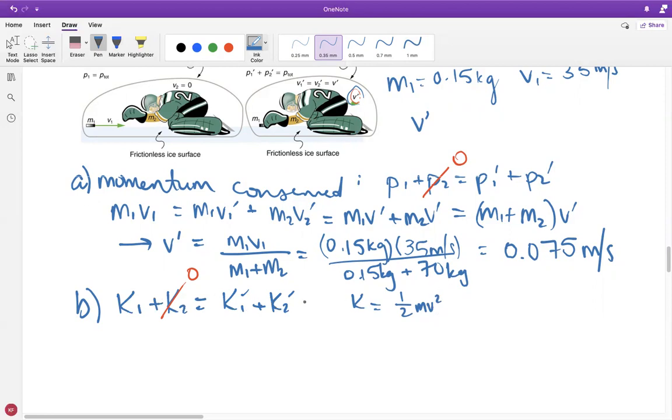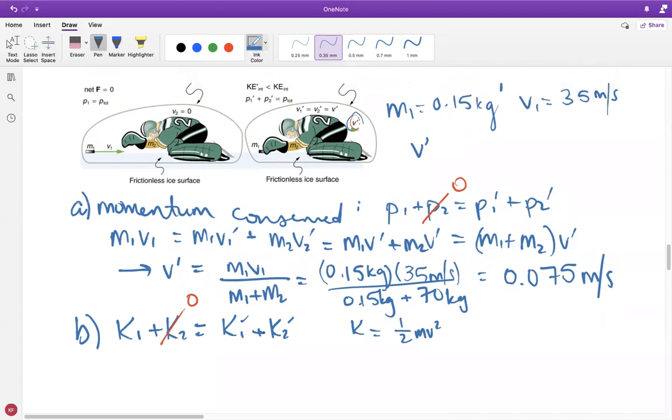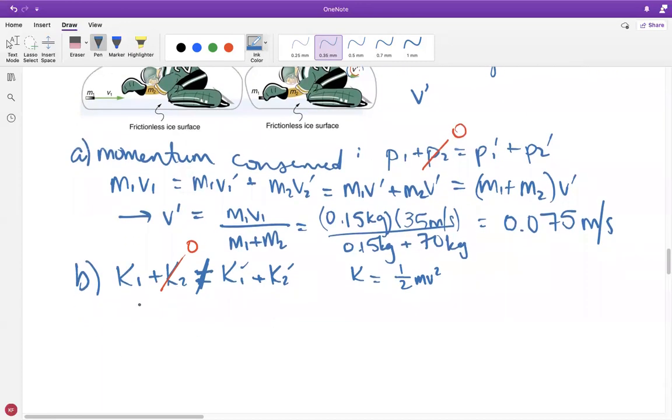I'm sorry, these should not be equal to each other, because kinetic energy is not conserved. I'm just comparing the two. So let's focus on the before. Our K total is going to be just K1, which is 1/2 M1 V1 squared.